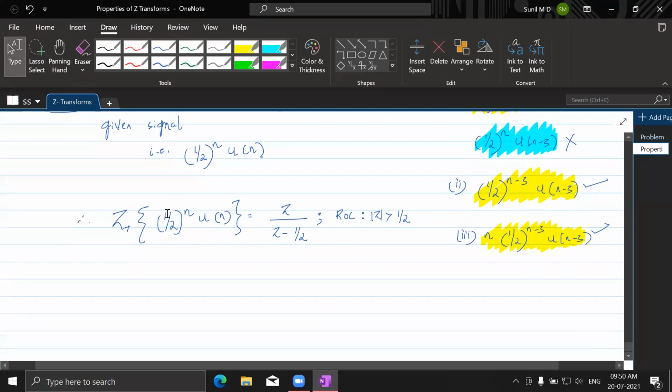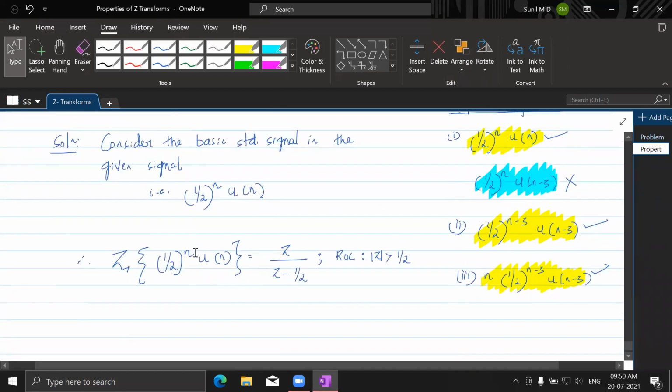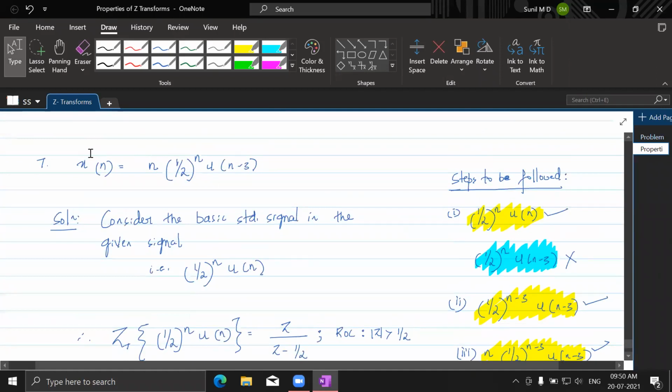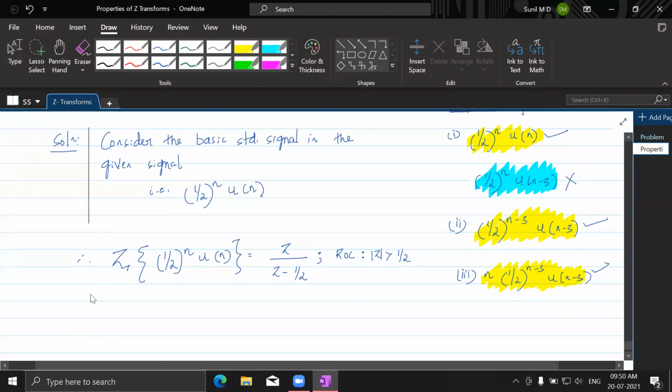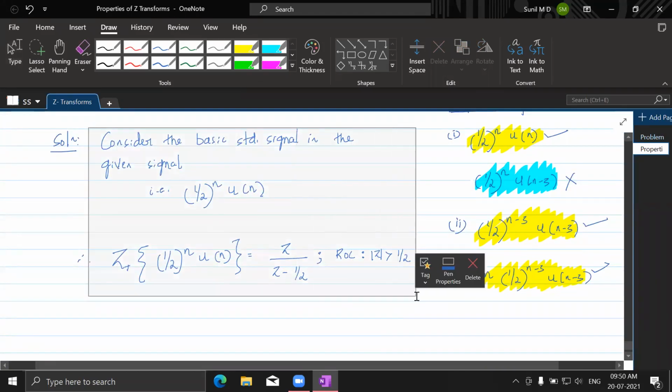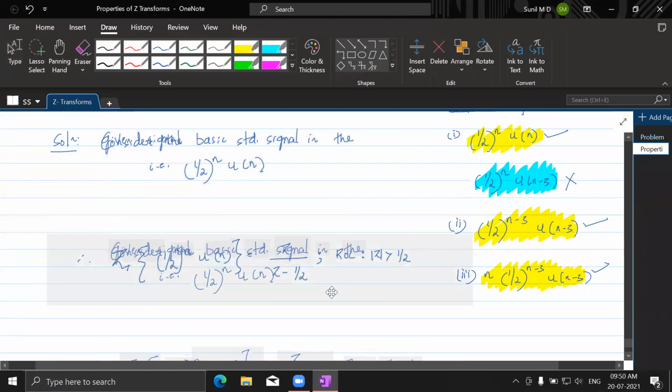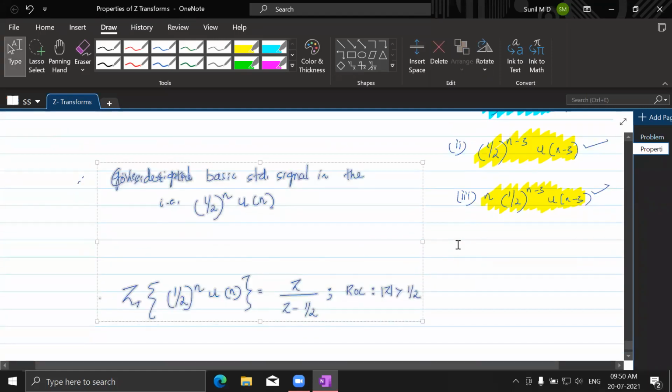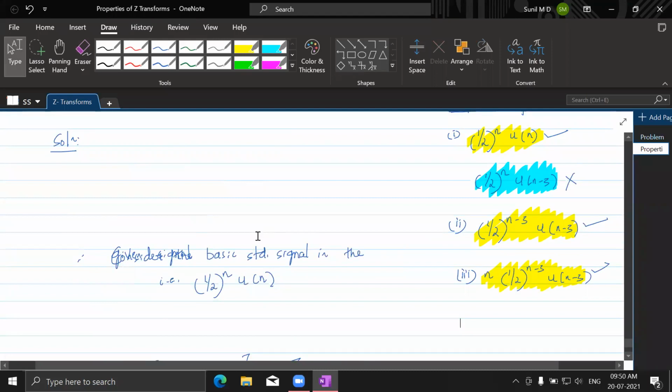Fine. Now we shall get this to be half power n minus 3. Understand that? So how to get this as half power n minus 3? Let me just adjust this properly before we do the things. Okay, so let me just do that now for you. I'll just make way.